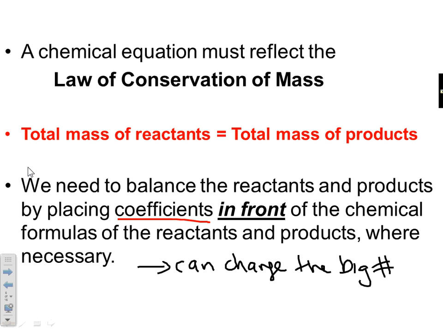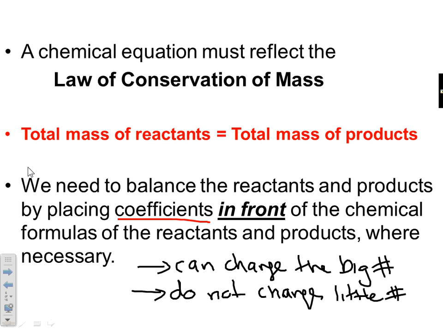So you can change the big numbers, but do not change the little numbers, the subscripts. Especially with the grade 10s, when they get balancing and get stuck, I find some of them will just change those little numbers all around.